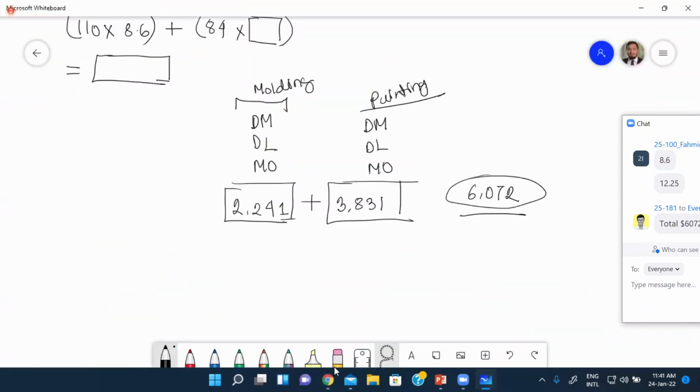So if we divide this number 6,072, the total job manufacturing cost, by the total number of units 50, we'll get 121.44 unit product cost per unit. So that is all about what we asked you to solve yourself.